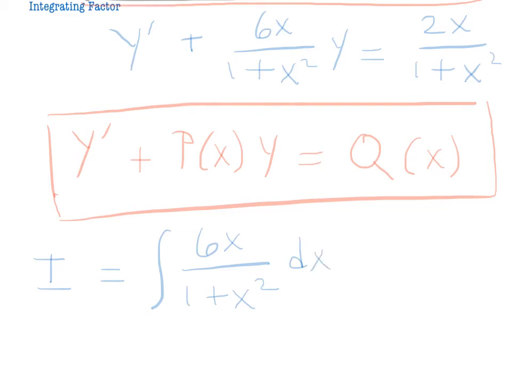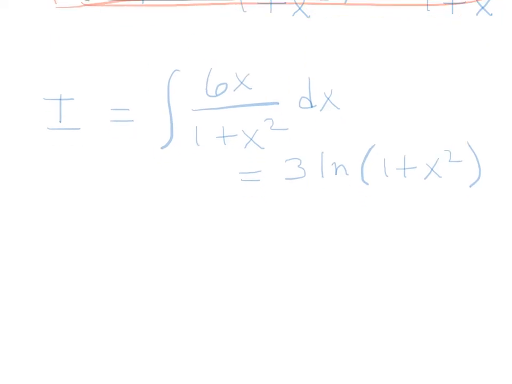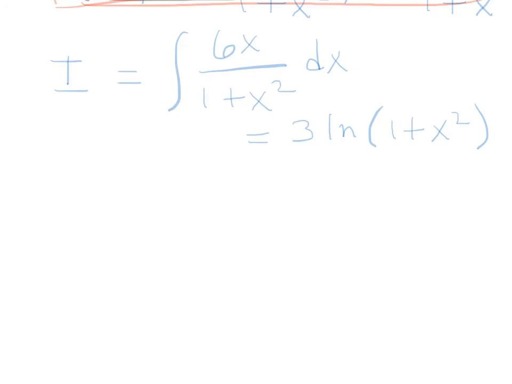Now remember that I is nothing other than the integral with respect to x of p, which in our problem is over here. So I haven't done anything strange here, in other words. And this gives us 3 times the natural log of 1 plus x squared.